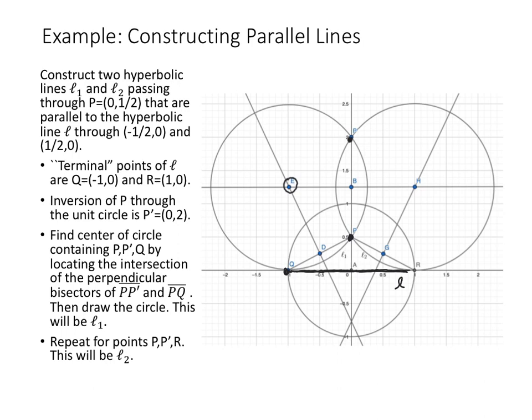Now to get the other circle, we look at our points R, P, and P prime. We can use those three points to form another circle centered here at H. And then I just draw those circles using GeoGebra, and I look at the portions of those circles that sit within the unit circle.